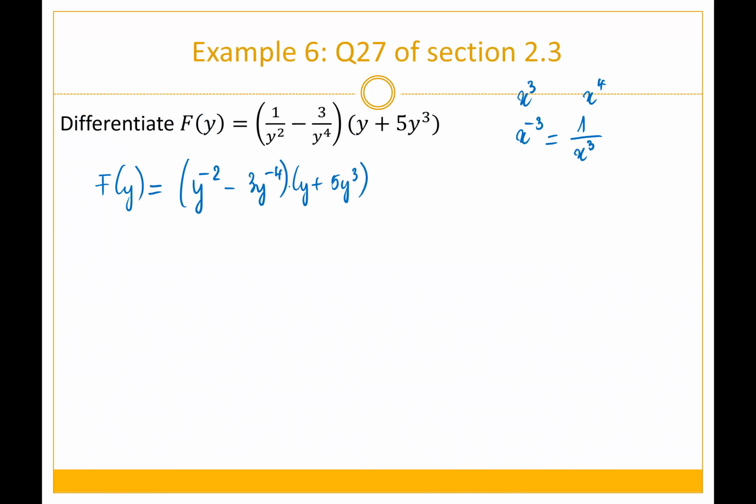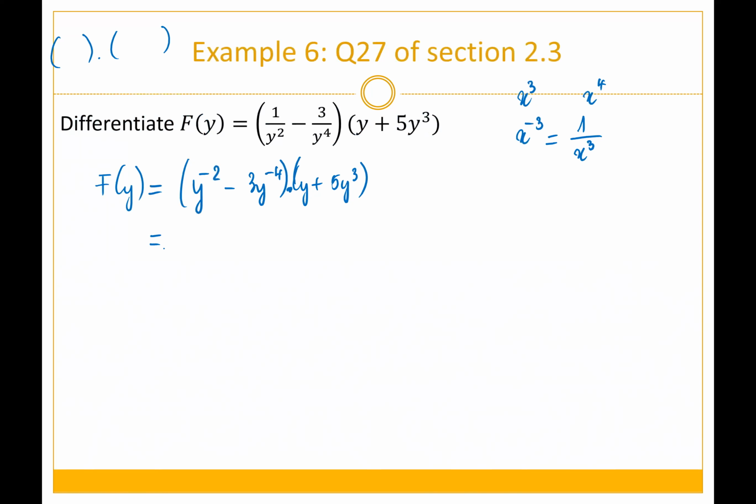Now, the first thing when we look at this is that we have a difference here and then a sum there, but what connects them together, the biggest expression, is that you have a product. So you're going to start with the product rule first before doing the sum and difference.